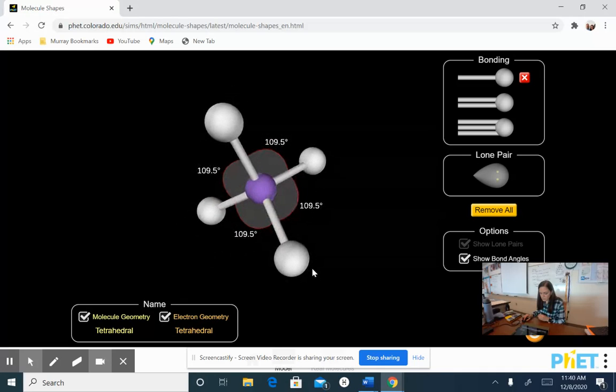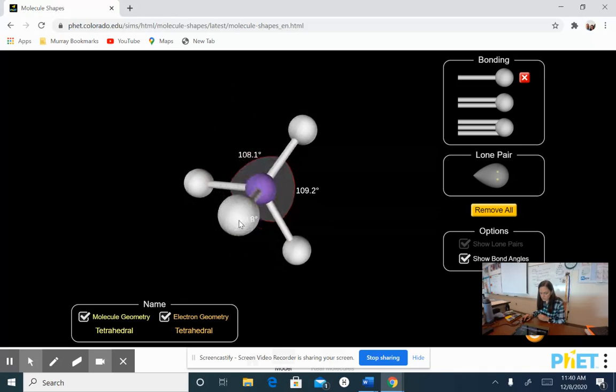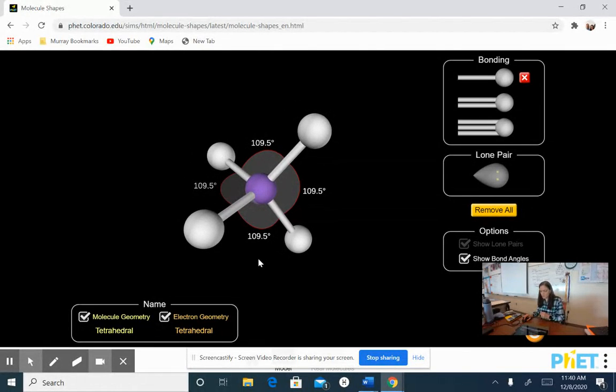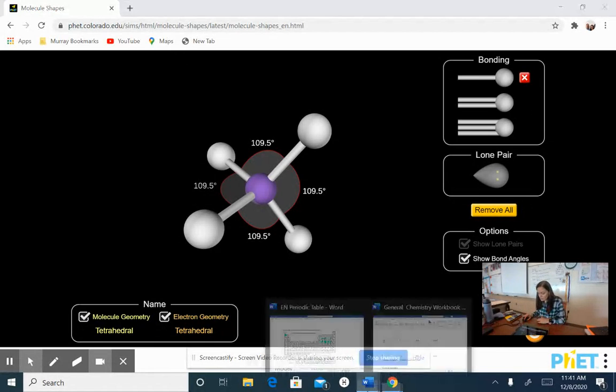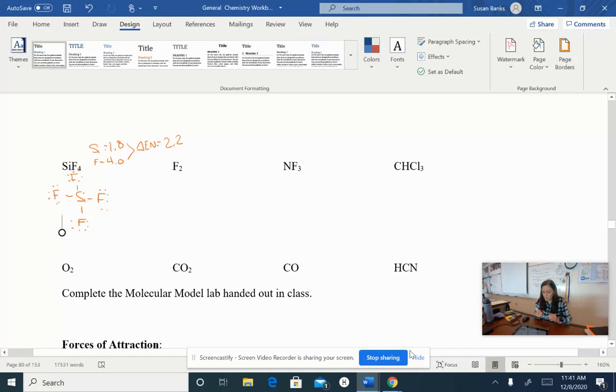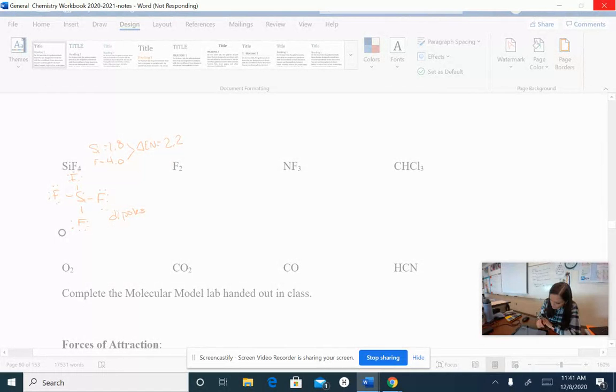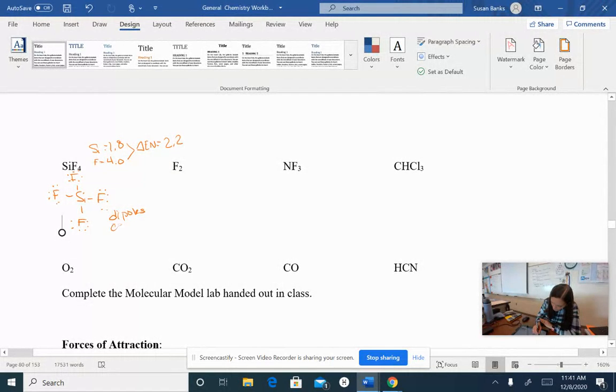They're all the same strength, and they're all the same distance apart, so all those dipoles end up canceling. Even though the individual bonds are very, very polar, the dipoles cancel, so this ends up being nonpolar.